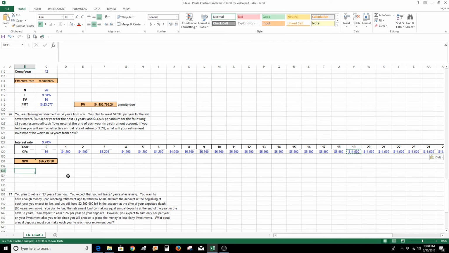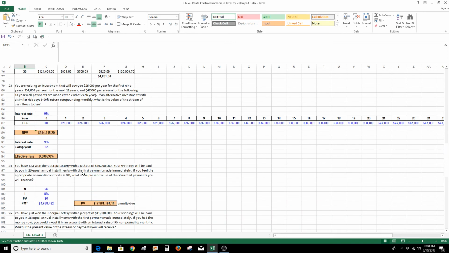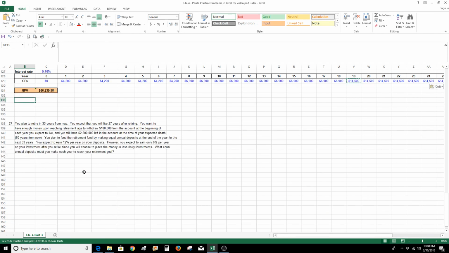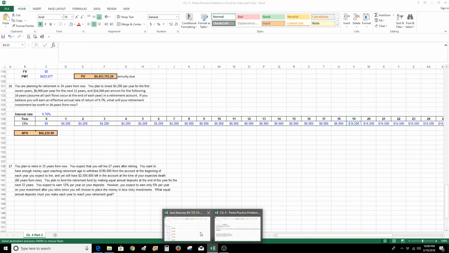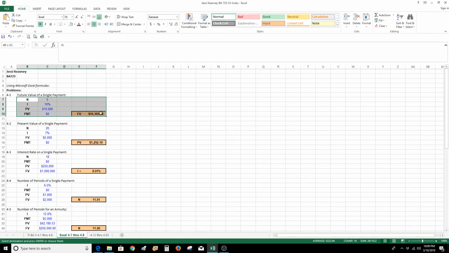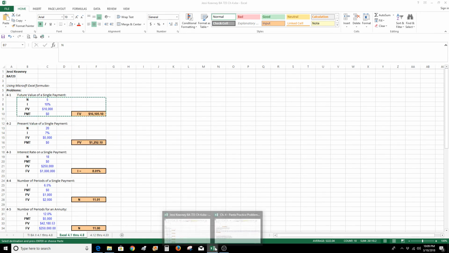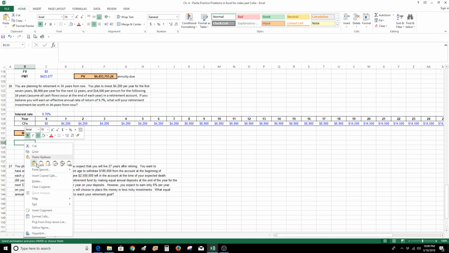We want to know how much our retirement investment will be worth 34 years from now. Okay, so I need to get a future value. So let's see if we can get a future value. Paste that here.